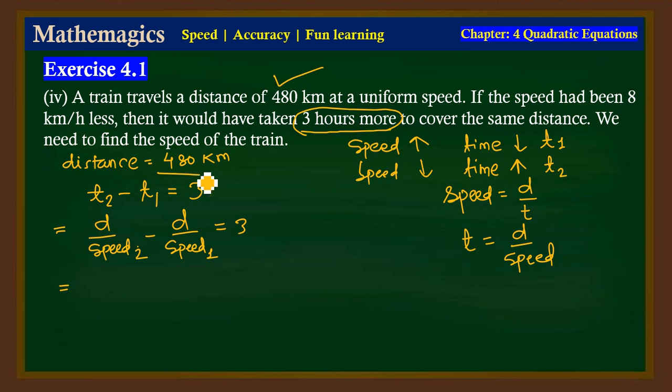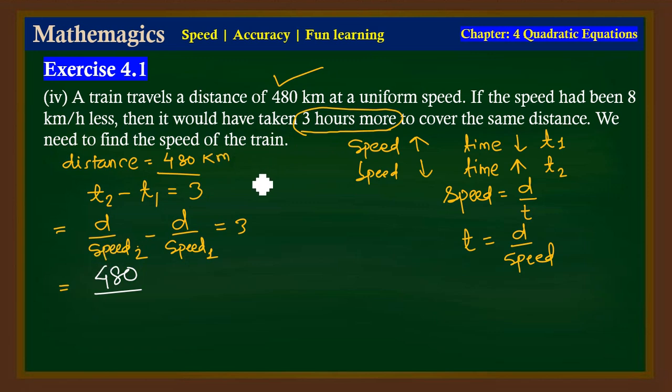So in place of the distance I am just going to put 480. A train travels a distance of 480 kilometer at a uniform speed; if the speed had been 8 kilometer less, then it would have taken 3 hours more. So here the speed is 8 kilometer less.